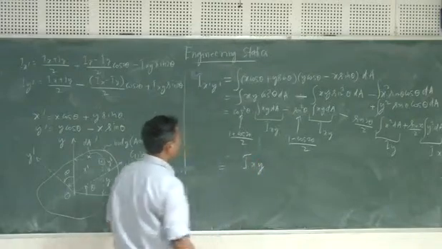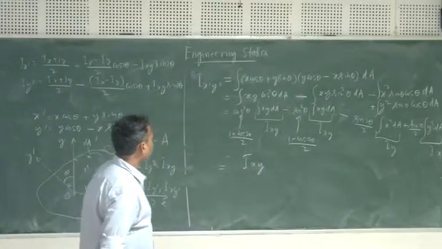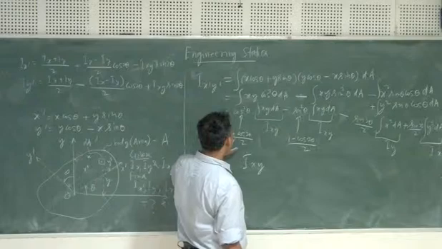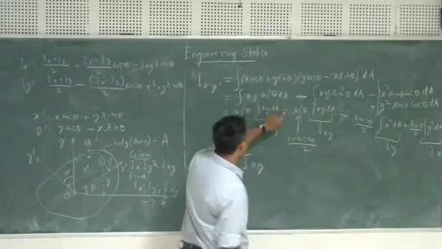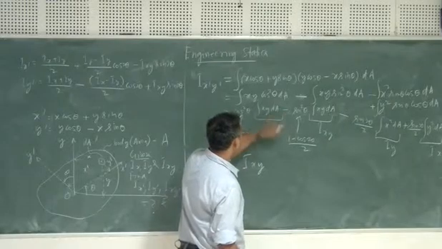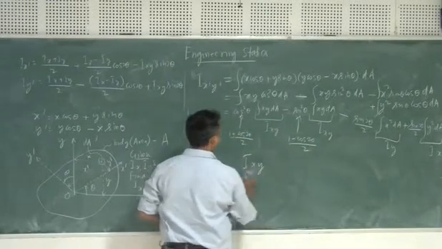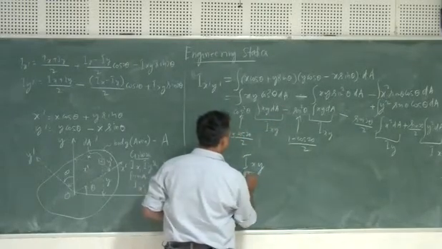Ixy. So what will happen to your cos? Here it is plus Ixy, here minus Ixy, but already you are having one minus over here. Okay, let me just write down.